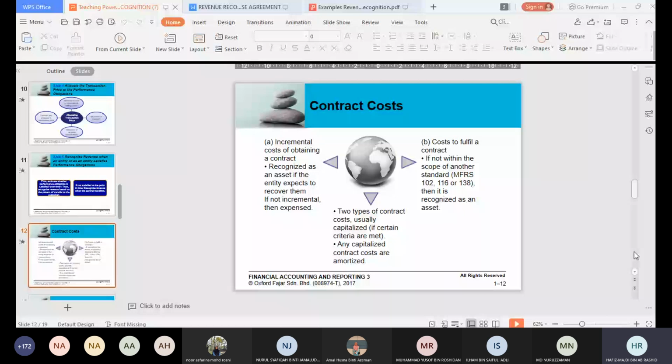Therefore you need to engage a lawyer, and therefore you need to pay some legal fees to the lawyer.